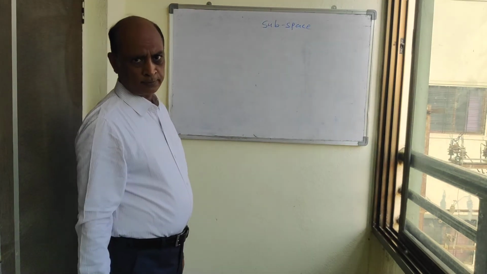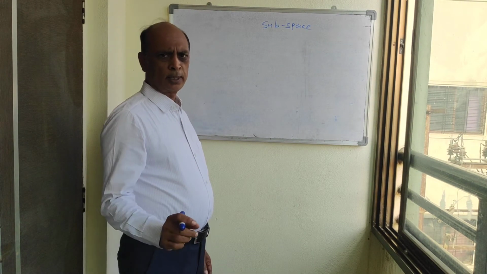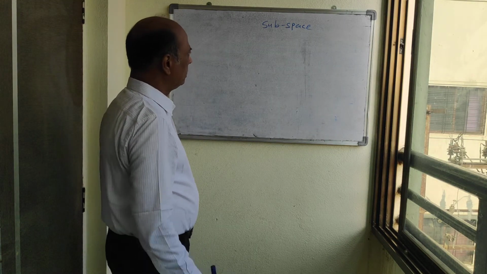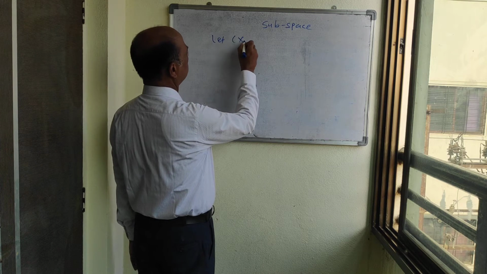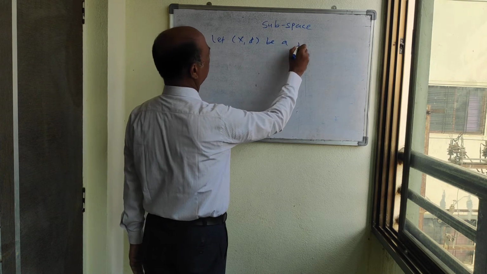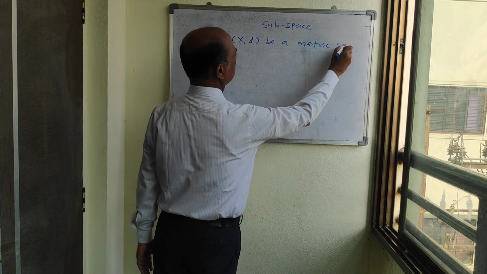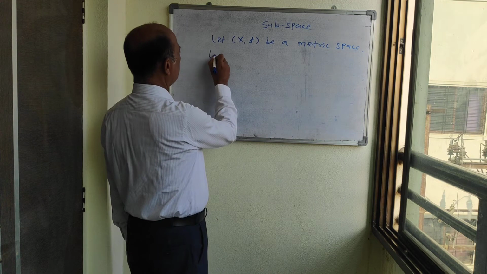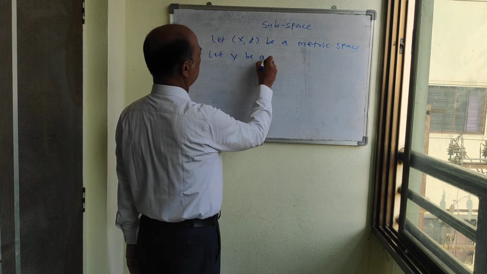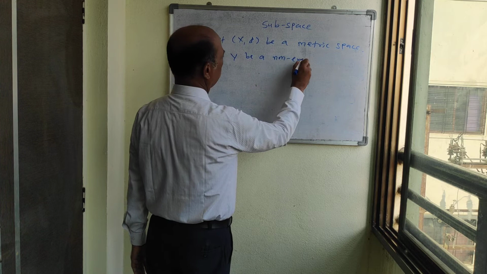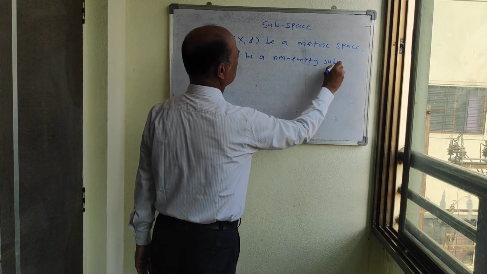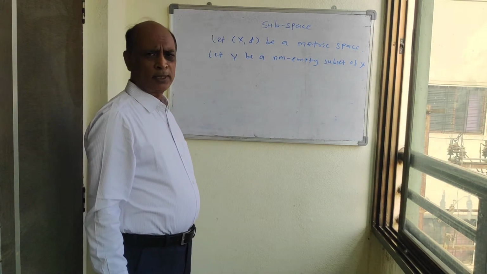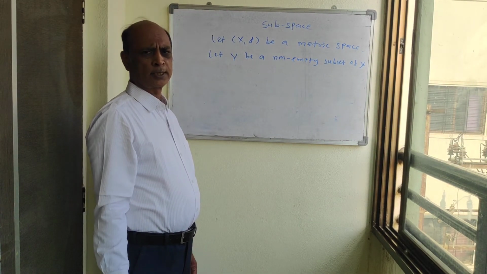Make your notes. By pausing this video, you can make your notes also. So what is the definition? Let (X, D) be a metric space, and let Y be a non-empty subset of X. Try to understand this. I am sending a PDF of these notes also, just you understand this.